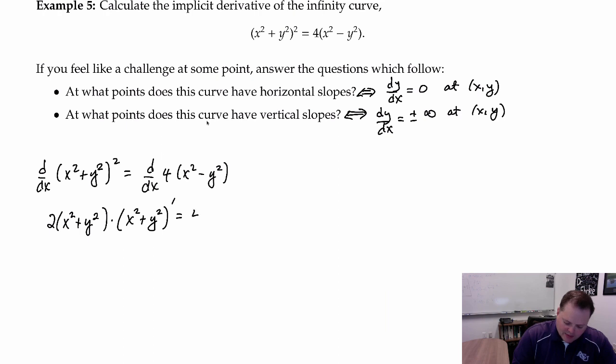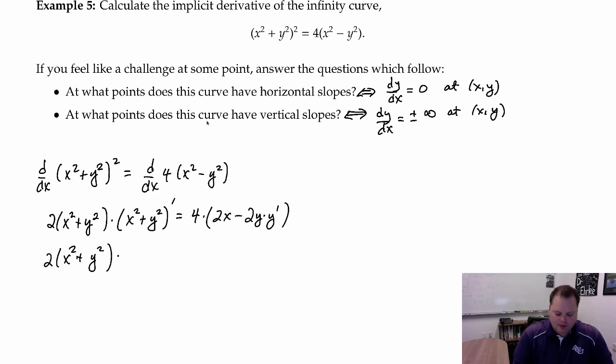On the right-hand side, we've got 4 times the derivative of x squared is 2x. The derivative of y squared is 2y, y prime. Okay, finish taking all the derivatives before you do any algebra. The derivative of x squared is 2x. The derivative of y squared is 2y, y prime.